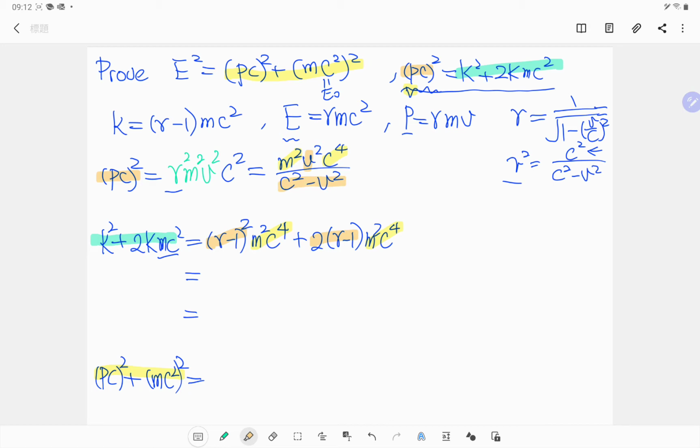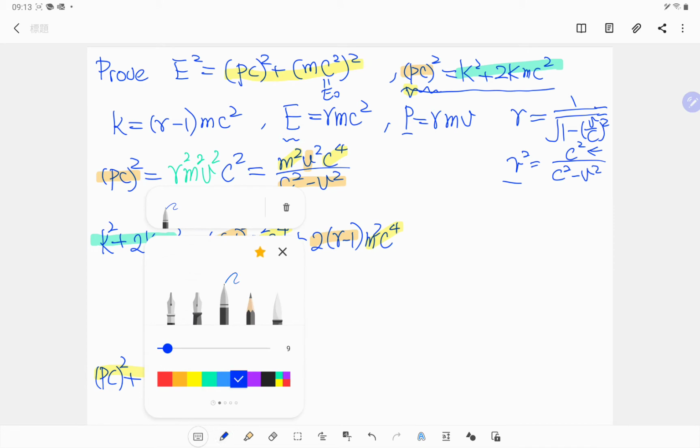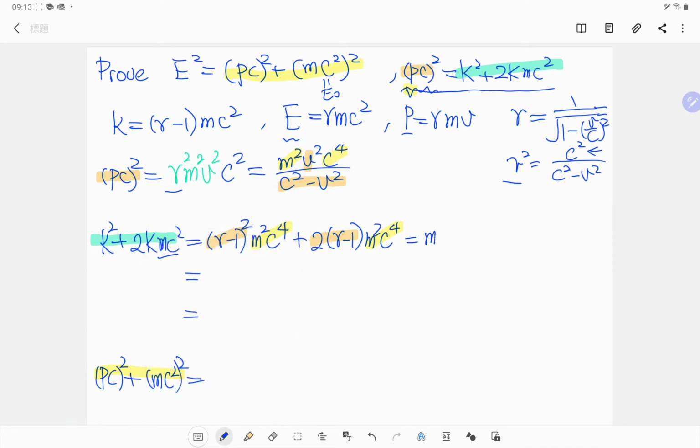We can just factor m square c to the 4th power out. So the remaining stuff is gamma minus 1 square, or actually gamma minus 1 factor out, and then gamma minus 1 plus 2.